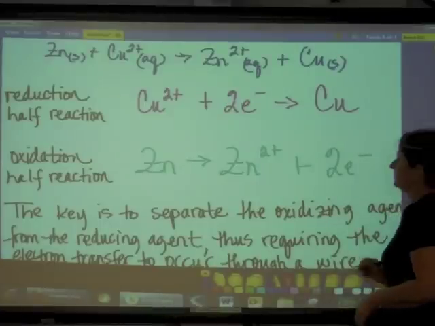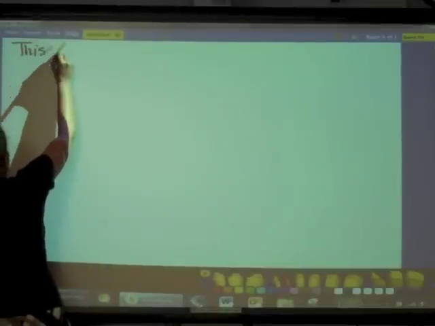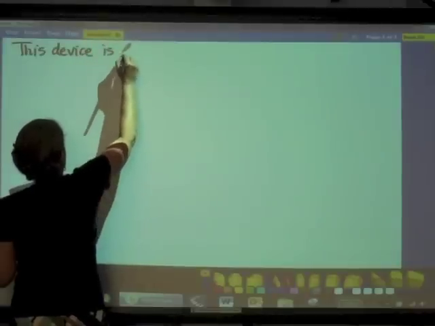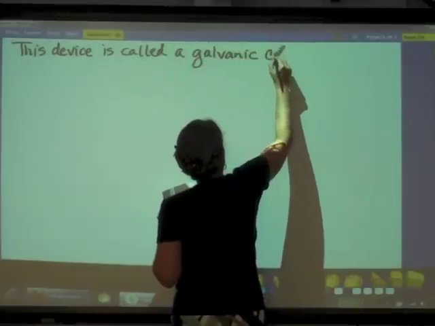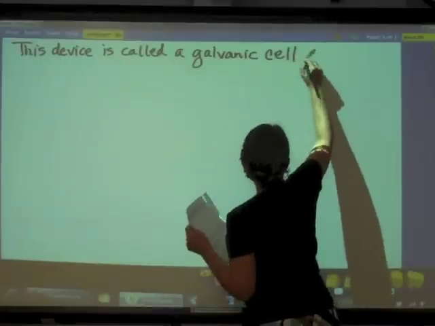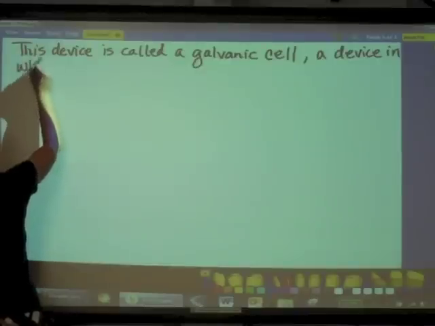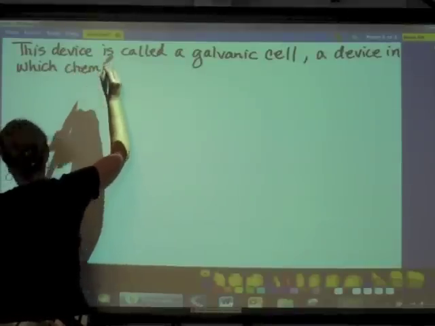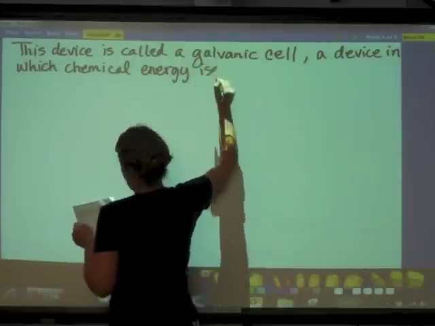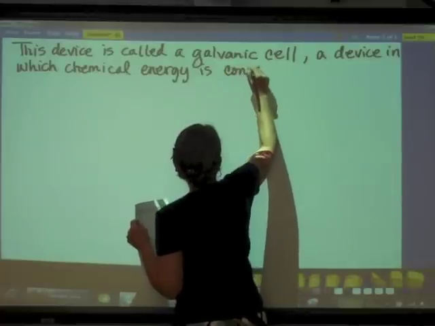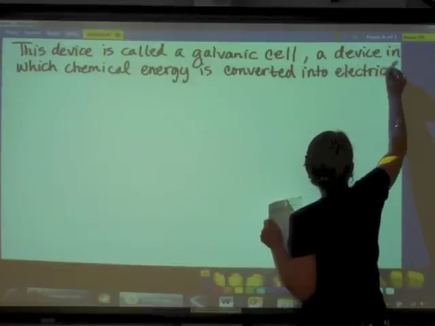This device is called a galvanic cell: a device in which chemical energy is converted into electrical energy.